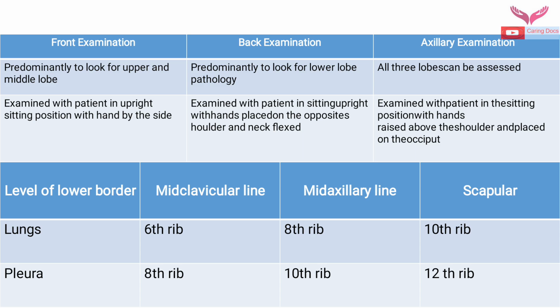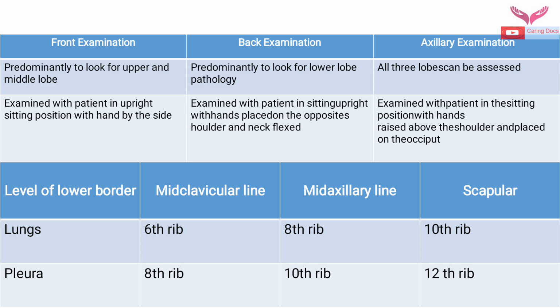Let's have a few words about the lower borders of the lungs. The lower level of the lung in the midclavicular line is the sixth rib. In the mid axillary line, it is the eighth rib, and in the scapular area, it is the tenth rib.